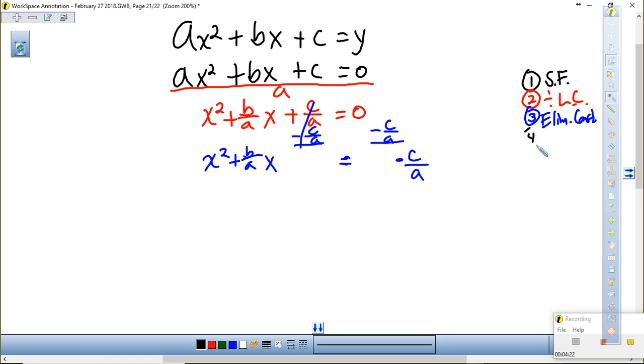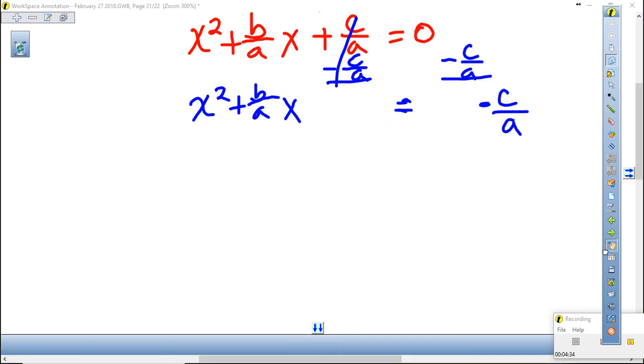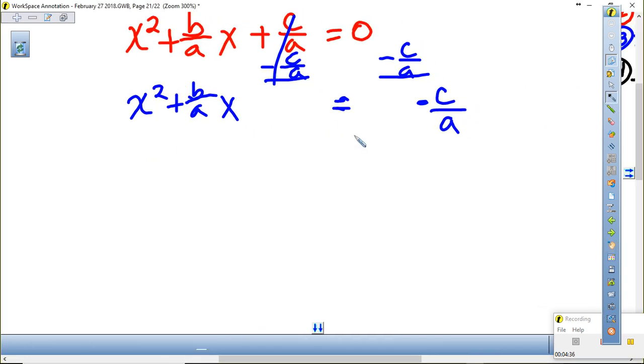Here's where it gets interesting, so focus. Step 4, we're going to add b over 2 squared. What does over 2 mean? What operation? Division. Okay, so let me zoom in. What is b now? B over a. So this is a little confusing, so you need to wrap your brain around it.